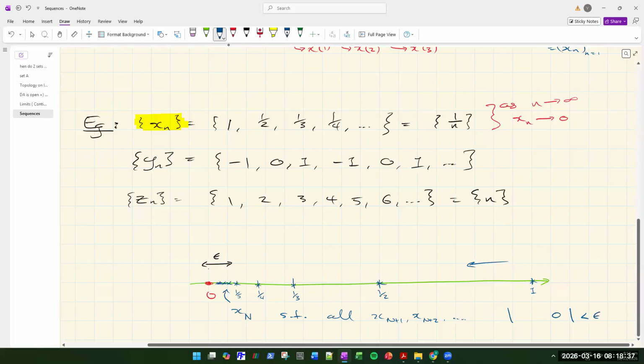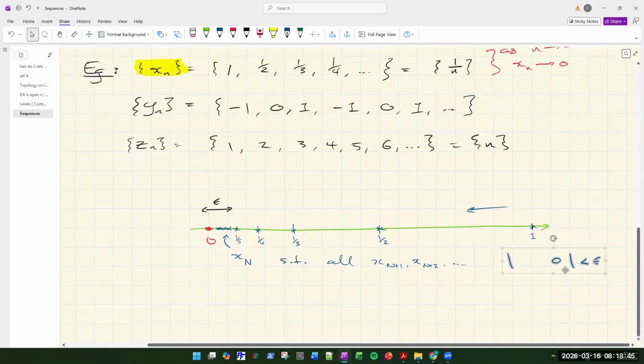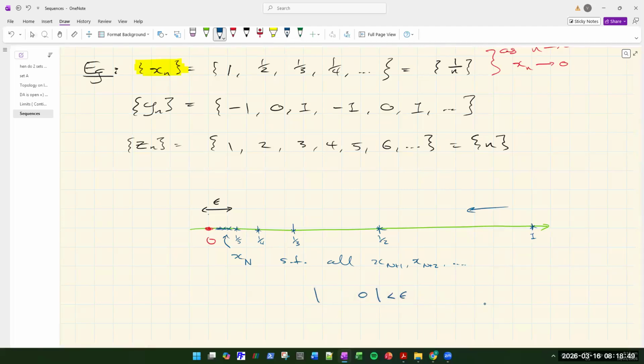So how do I say the distance between all those terms that come after x big N? I could write it like this: such that the distance of all xn to 0, right? We know how to interpret this. The distance between xn and 0 is within epsilon.